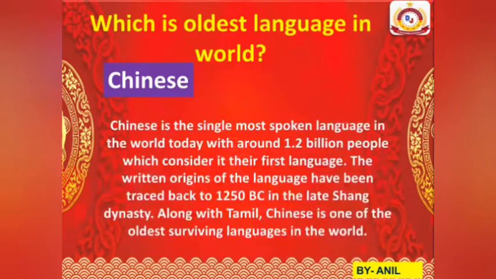The written origins of the language have been traced back to 1250 BC in the late Shang dynasty. Along with Tamil, Chinese is one of the oldest surviving languages in the world. So Tamil and Chinese are the oldest languages, older than English.